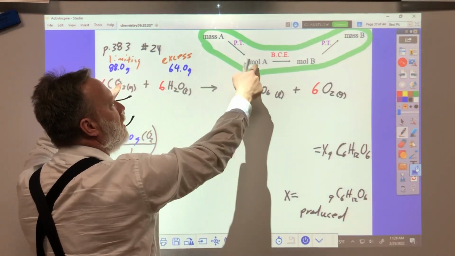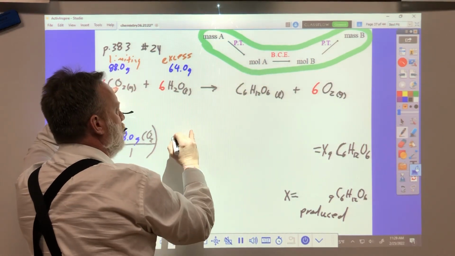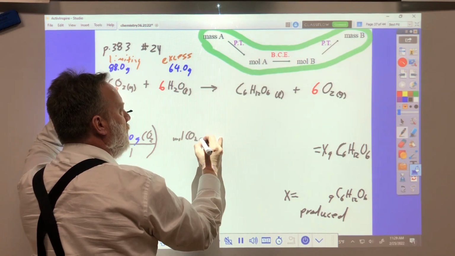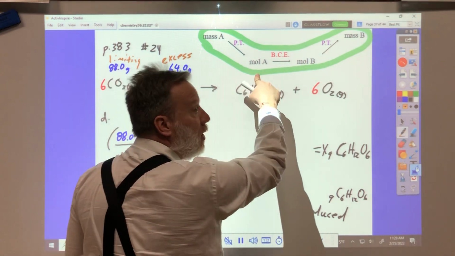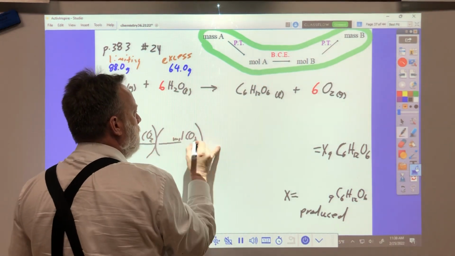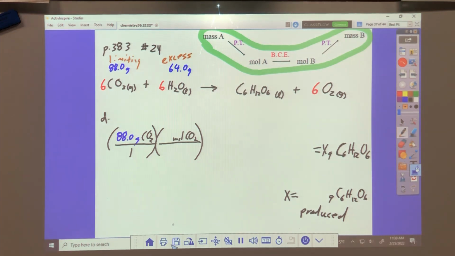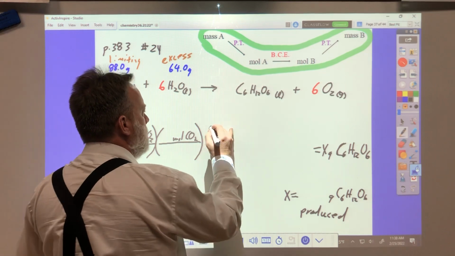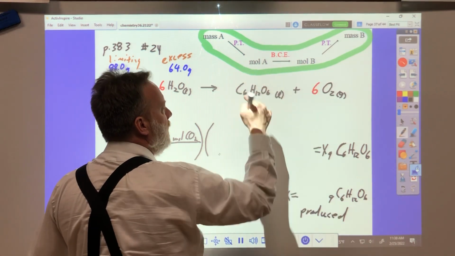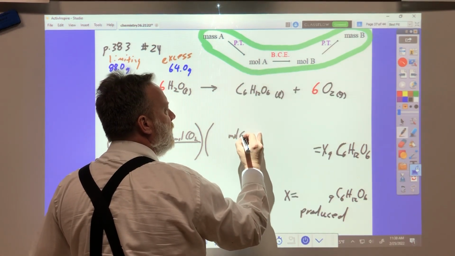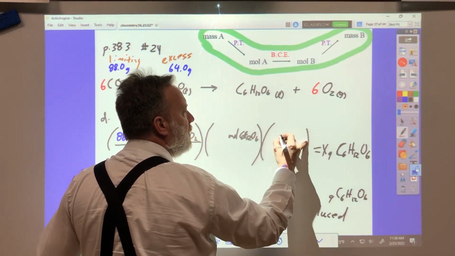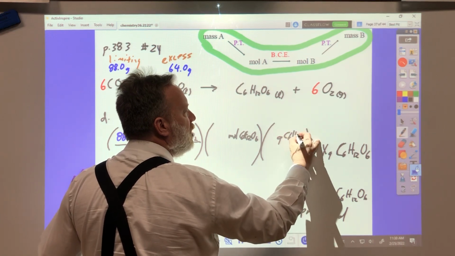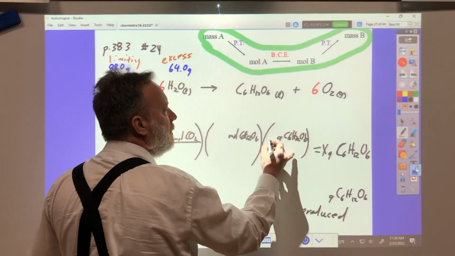So we're going to do grams CO2 to moles CO2. I have 1, 2, 3 arrows. We're going grams to grams. Let me check. Looks like it. Okay, moles of B is moles C6H12O6, to grams C6H12O6.